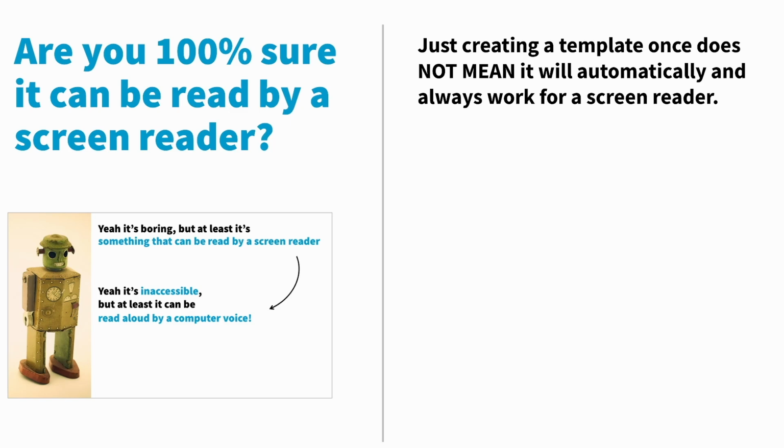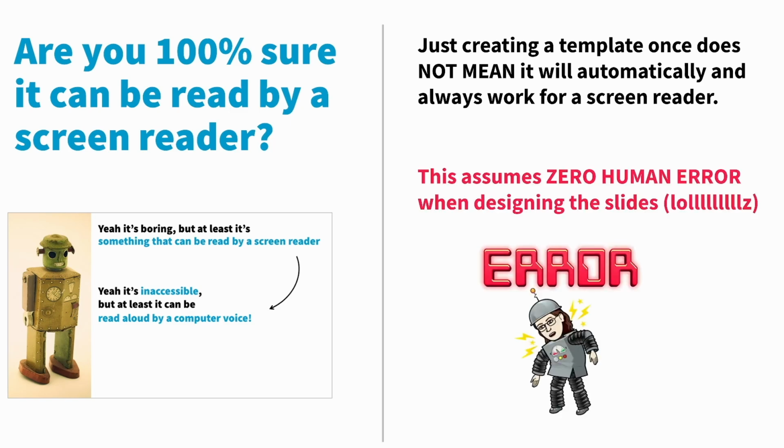That is assuming zero human error when designing the slides. Zero human error. That's probably the funniest thing I'll ever say. Like, when does that happen? If someone adds one thing extra or accidentally deletes a placeholder and replaces it with a text box, or they manually change the design, that can actually mess things up.